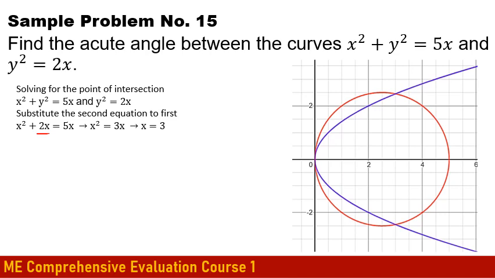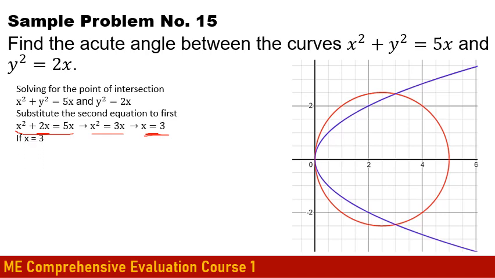This equation will become x squared plus 2x is equal to 5x, so x squared is equal to 3x, because we subtract 2x from 5x when we transfer it to the right side. We can cancel out x, and the value of x would be equal to 3.